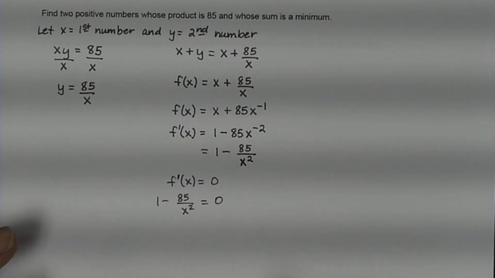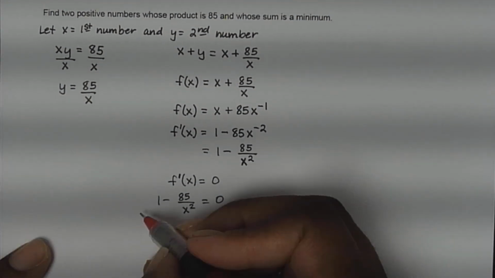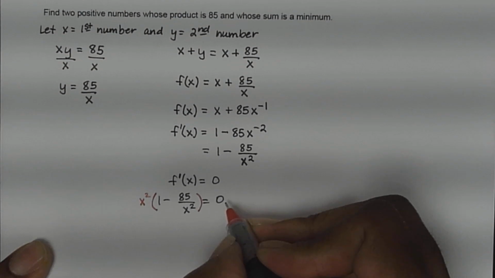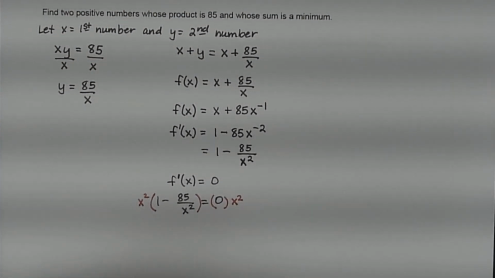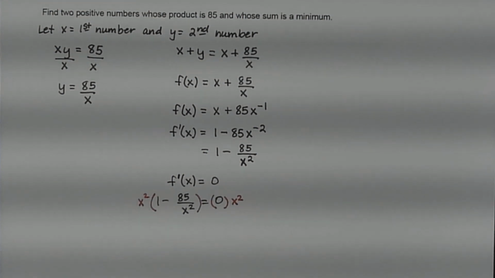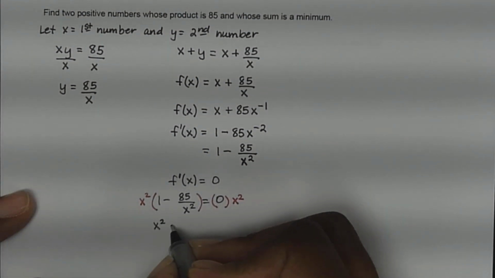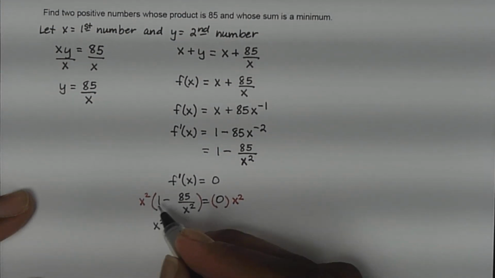Now what I'm going to do here is multiply each and every term in that equation by x squared. The left side will be multiplied by x squared, the right side will be multiplied by x squared. So x squared times 1 will be x squared, minus x squared times 85 over x squared. The x squareds divide out.